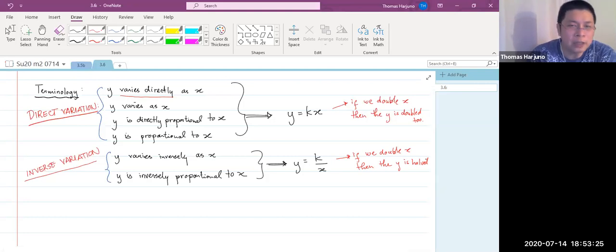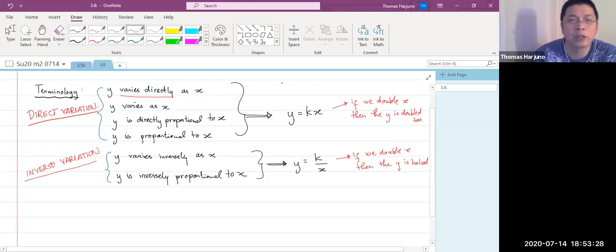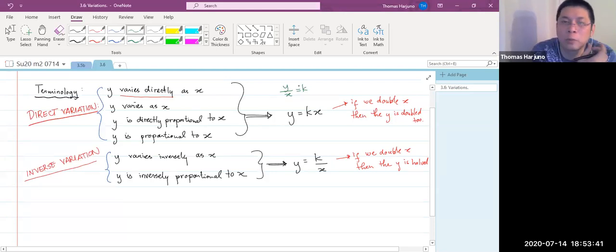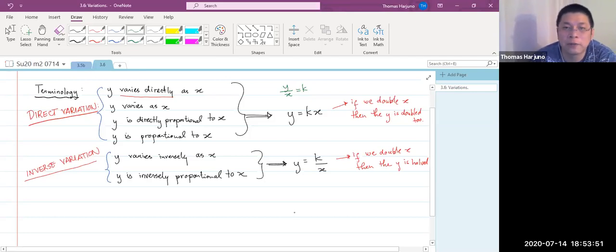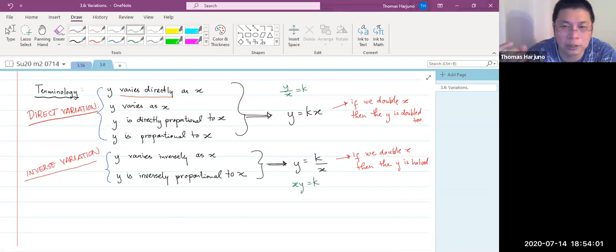Now I think that's actually the best way to memorize these terms, but you can also think this way. When we say directly proportional, it means the proportion is always constant. If one of them increases, then the other one has to increase also to keep the ratio, to keep the proportion. While inverse variation means the product should be constant. So if you double one of them, the other one needs to get half such that the product is the same constant.